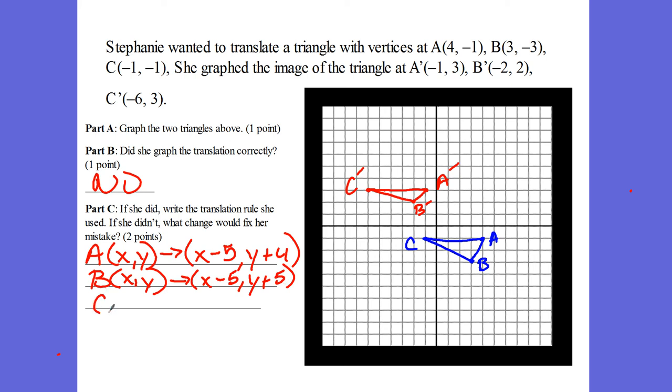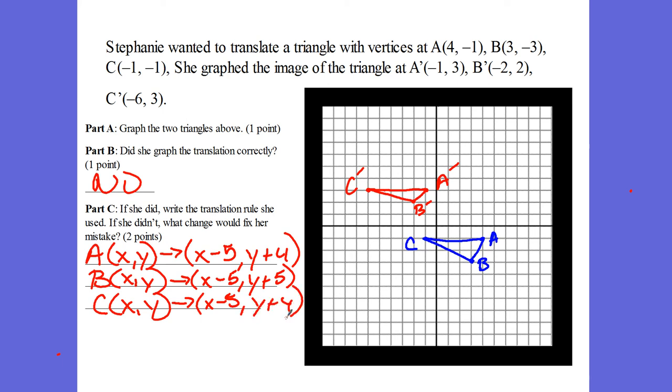And C, X comma Y, is moving left 1, 2, 3, 4, 5, up 1, 2, 3, 4. So again, left 5, so it's X minus 5 and Y plus 4.